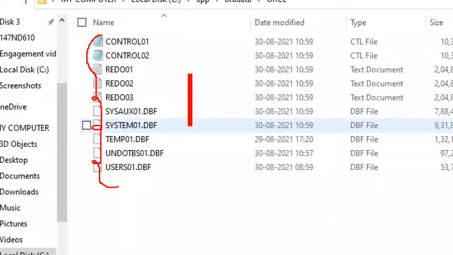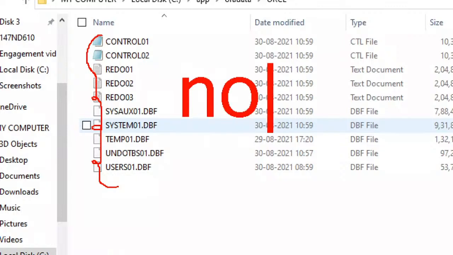But unfortunately, here, Z is a table I'm giving only. Is that table visible in the operating system or not visible? Very good. Not visible. You are observing or not? This is not visible.